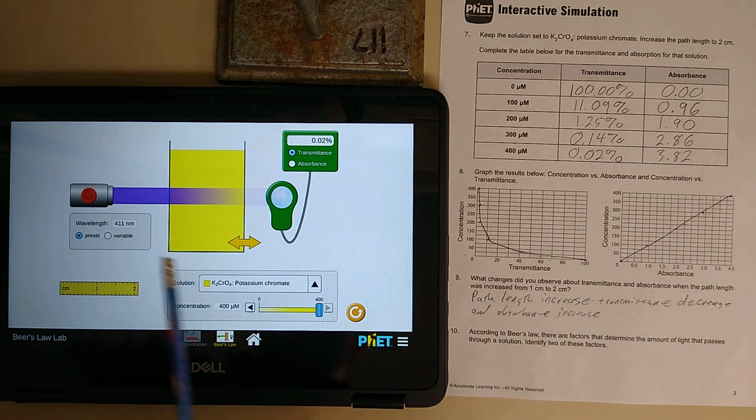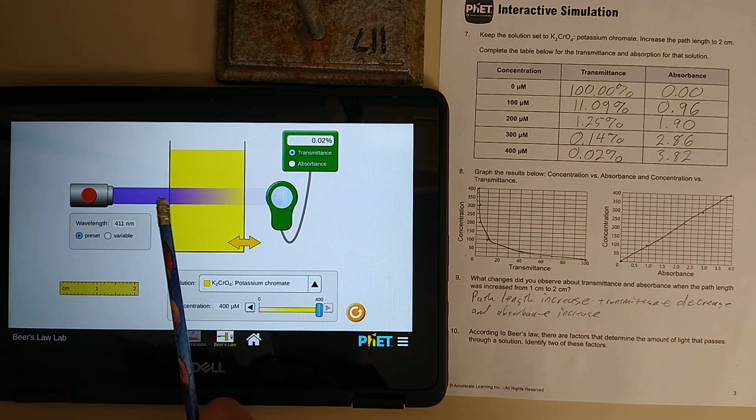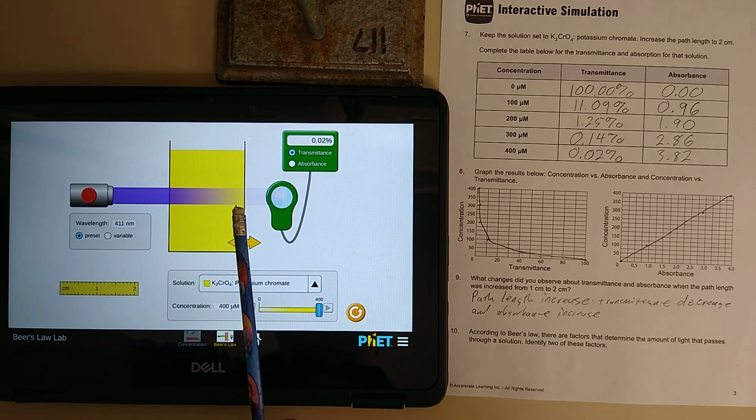Okay. And that makes sense because there's more stuff in the way to get absorbed, more chances for things to pick up that beam of light and to keep it from being able to travel all the way through to the end.